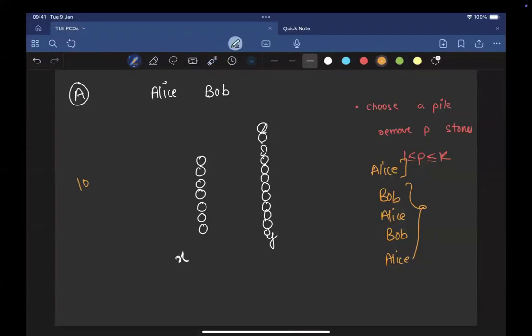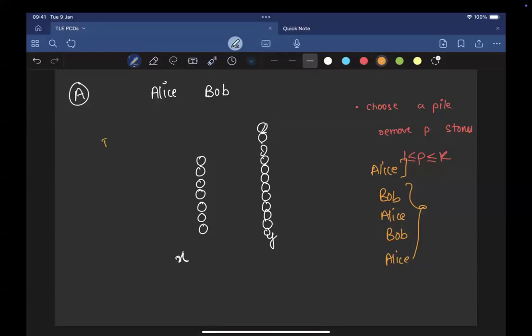So now Bob has to remove at least 11 stones. So p must be greater than the number of stones the other player had removed in the previous move. So if it's Bob's turn and in the last move Alice had removed 10 stones, in that case Bob will have to remove at least 11 stones.